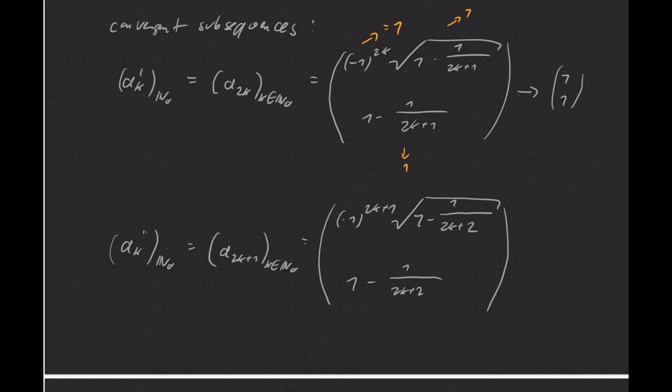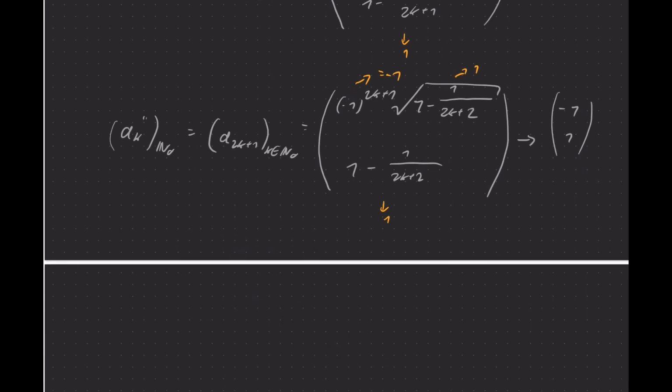And now this first part, (-1)^(2k+1), is equal to -1 for any k. And again, these latter parts here converge to 1. So what we get now is again a convergent subsequence, but this time it converges to (-1, 1). Okay?